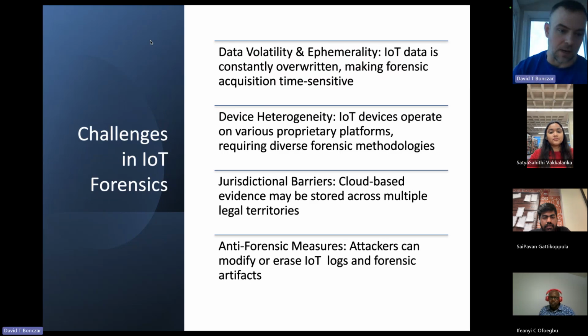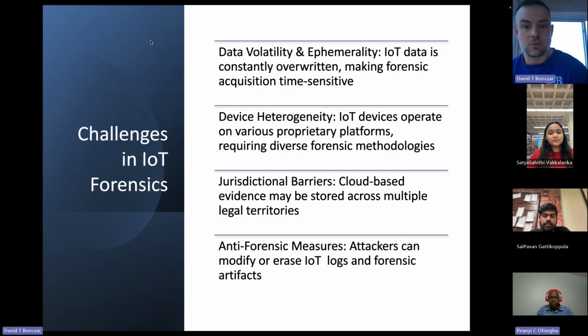Alrighty, the challenges in IoT forensics. Data volatility and ephemerality. The IoT data is constantly overwritten, making forensic acquisition time sensitive. This is just due to the size and the use case of the IoT device.